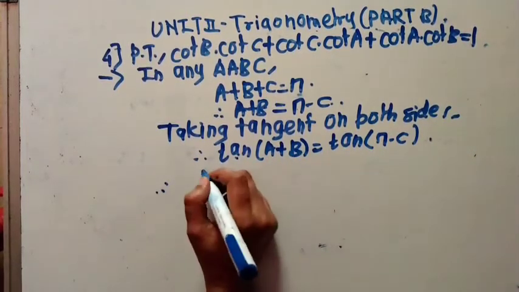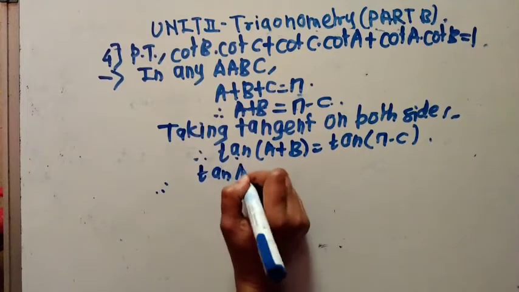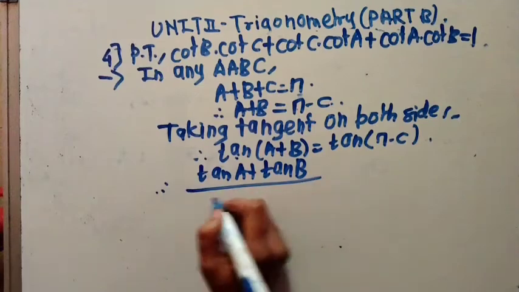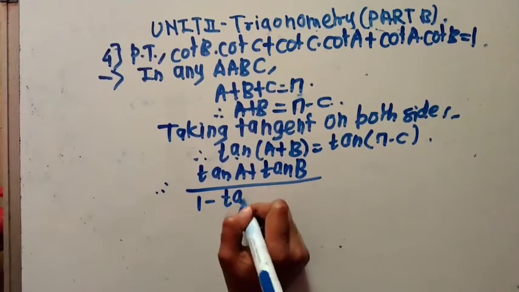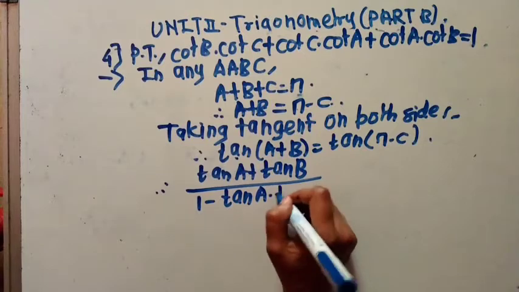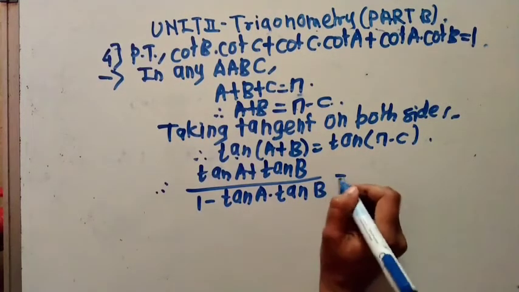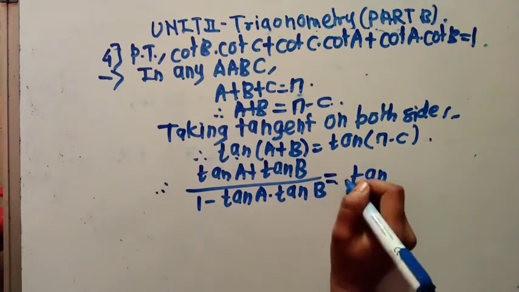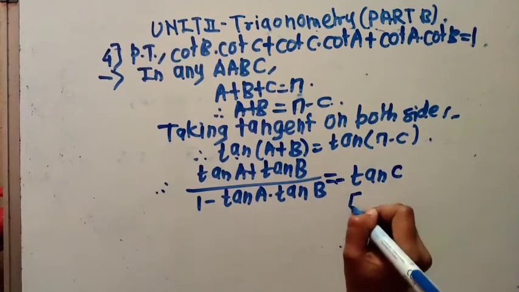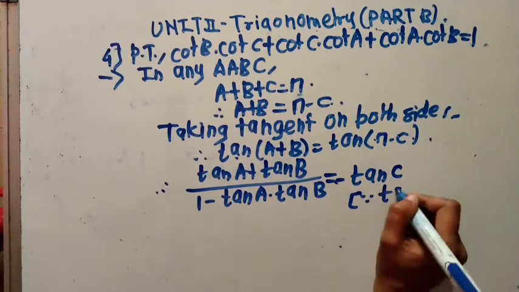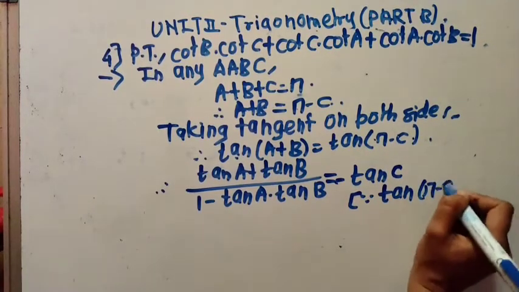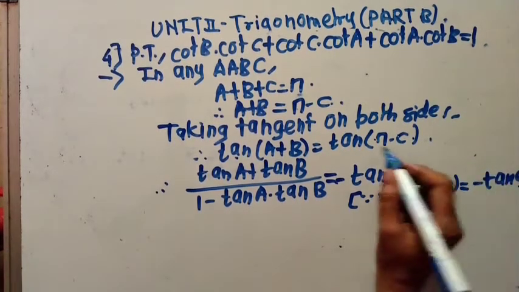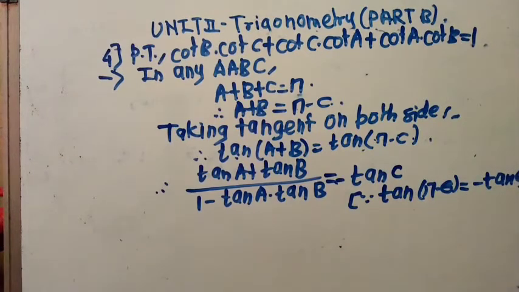But tan(a + b) is given by the formula (tan a + tan b) upon (1 − tan a into tan b), which is equal to −tan c, since tan(pi − θ) is equal to −tan θ, hence tan(pi − c) is the −tan c.